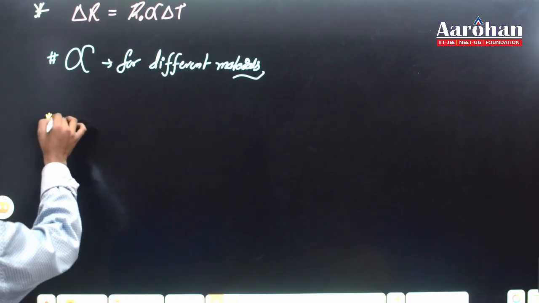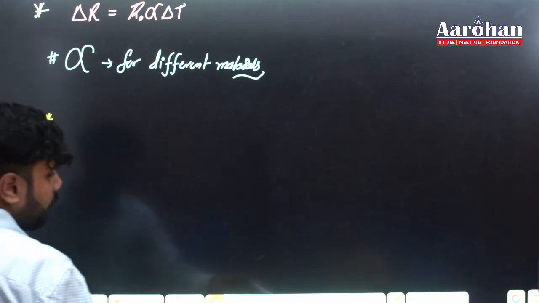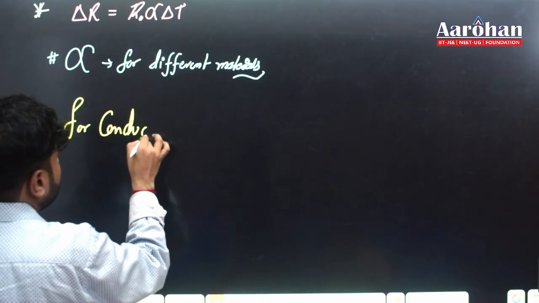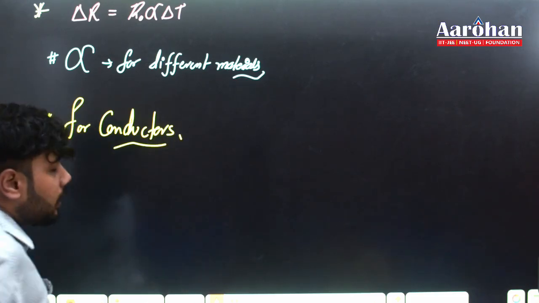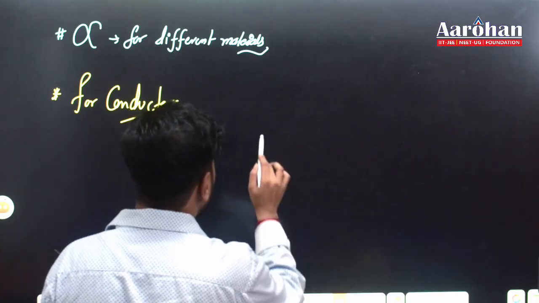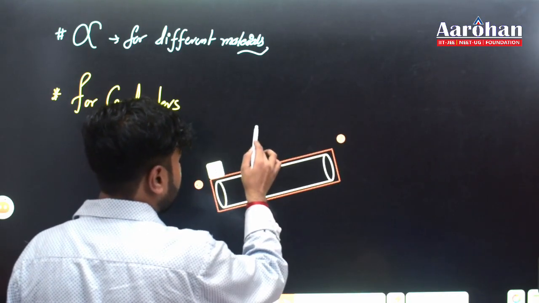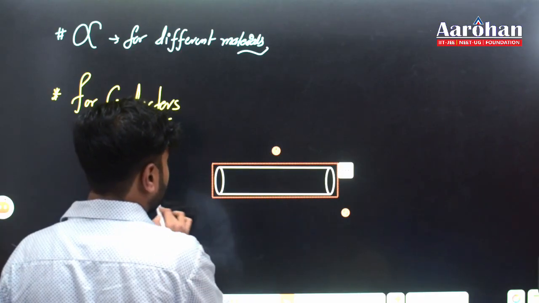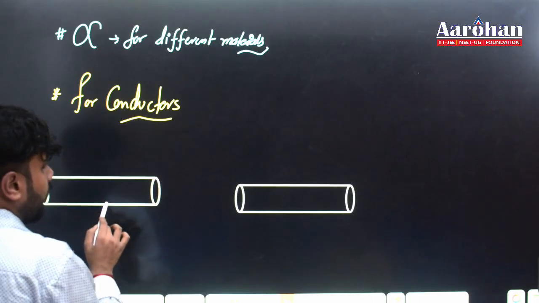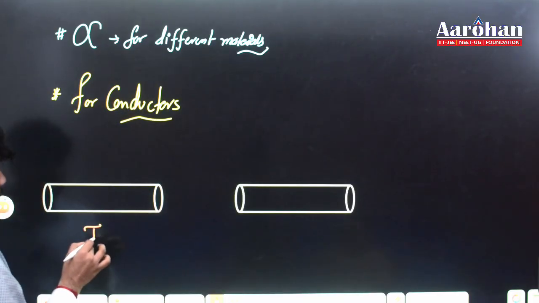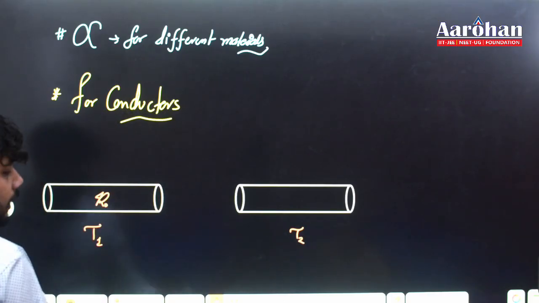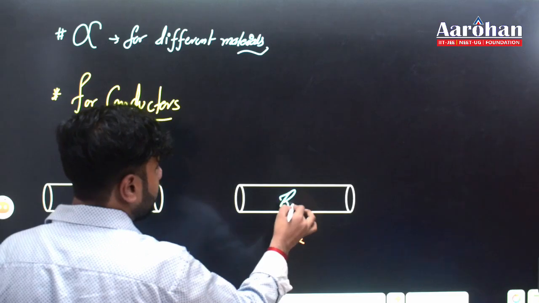A small elaborated expression we have here is that if we are discussing conductors, then, if you remember the theory about conductors, if you have one conductor at T1 temperature and the same conductor at T2 temperature, here initial resistance is R0 and final resistance is, we can say, RF.